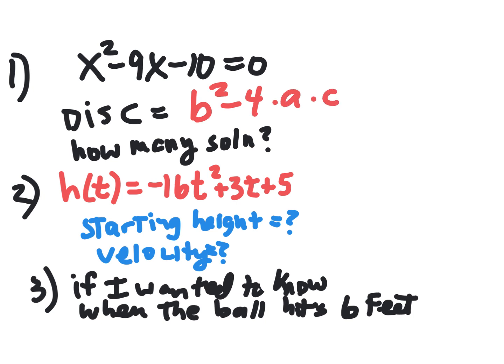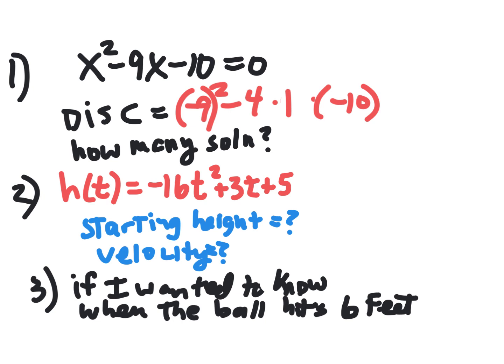And in this case, let's put in the B, A, and the C. So, Carl, what's the B? -9. Yep. And then, what's the A? 1. And what's the C? -10. Good. If you guys can multiply that out, you'll have it.